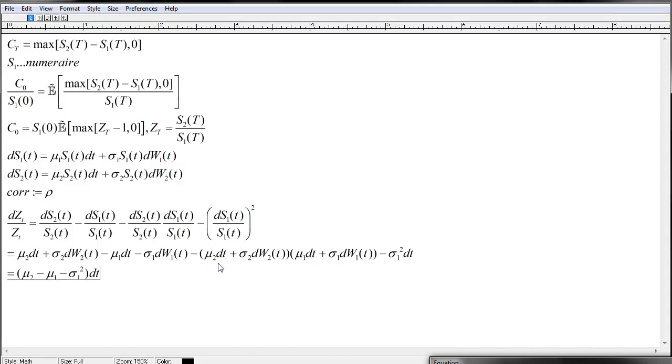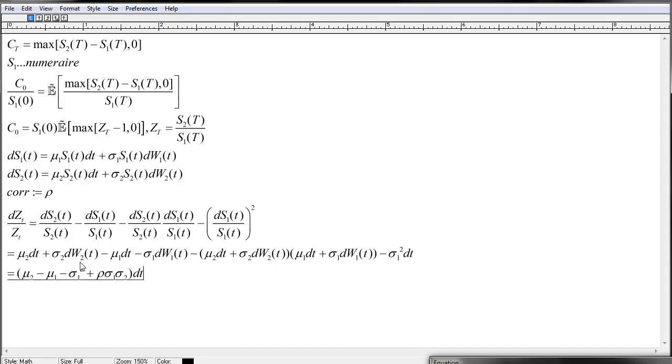Well, this one times this one is 0. This one times this one is also 0. This one times this one is 0. This one times this one is rho, the correlation, times sigma 1 times sigma 2 times dt. Okay, so I can put it directly in here. So that was that, and what remains are the diffusion terms over here.